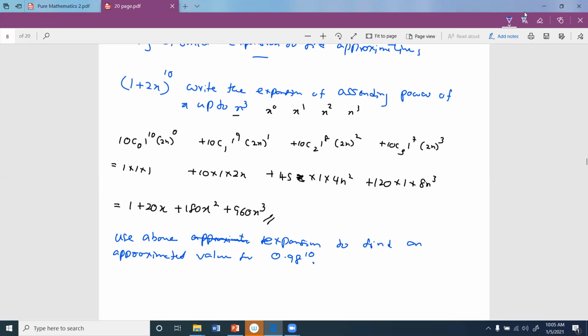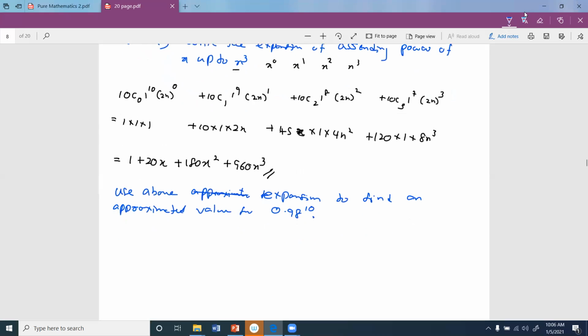That's the question. Now you can understand that both these expressions are similar. The power is 10. Therefore we need an expression for this.